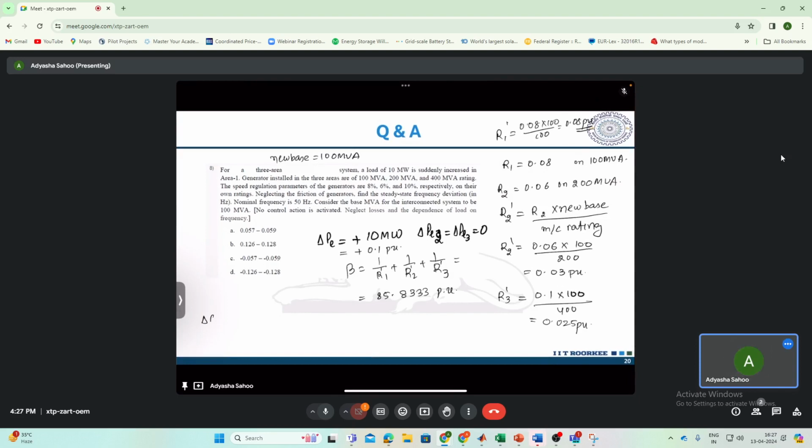So delta F is minus delta PL1 divided by this beta, so minus 0.1 divided by 85.333, so that is giving us minus 0.0011718 per unit, or multiply with the base frequency, nominal is 50, so 0.001172 into 50 hertz, that gives us 0.0586 hertz.